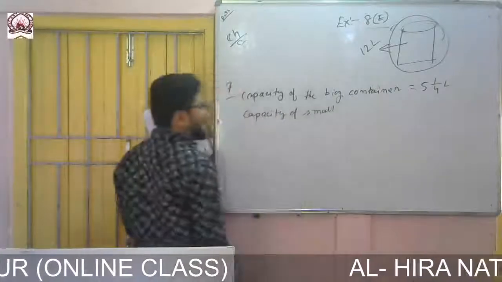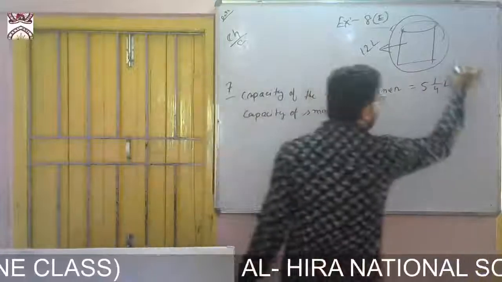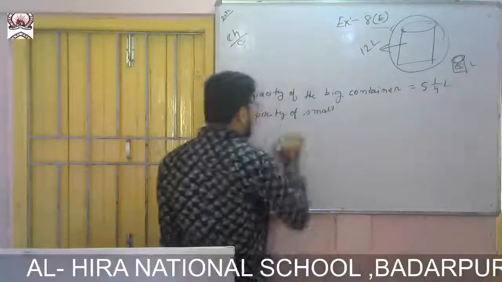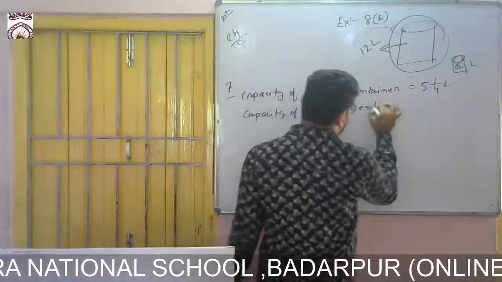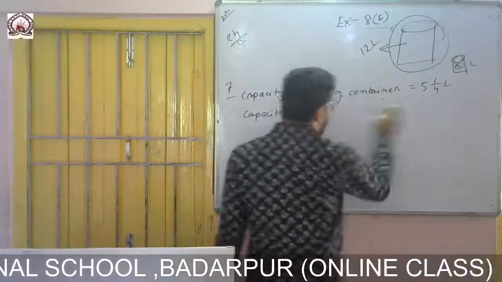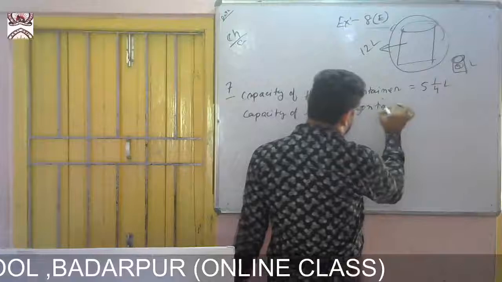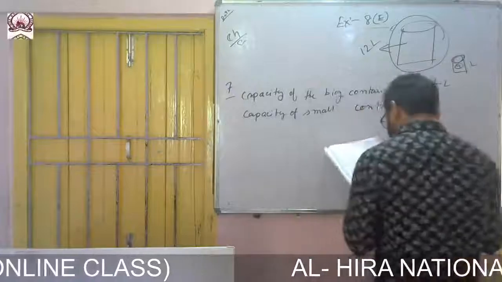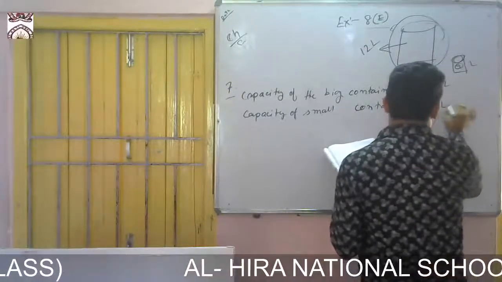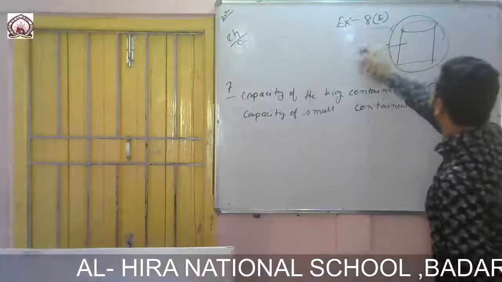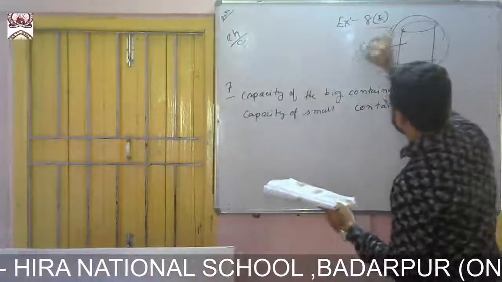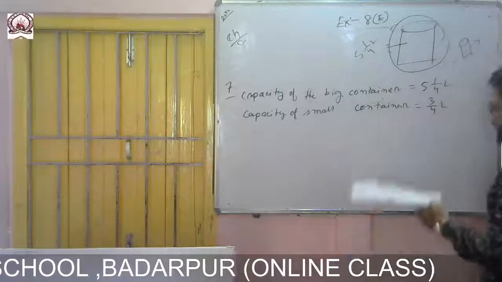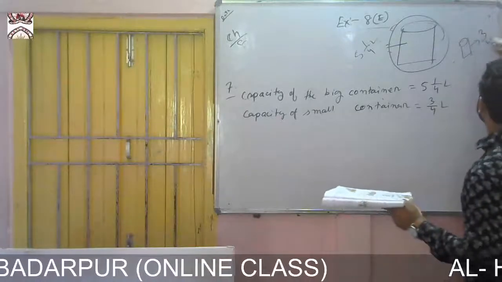I have taken that one as the small one, earlier I said 4 liters, but here it is given as 3/4 liter. So the big container can hold 5 1/4 liters, and the small one can hold 3/4 liter.